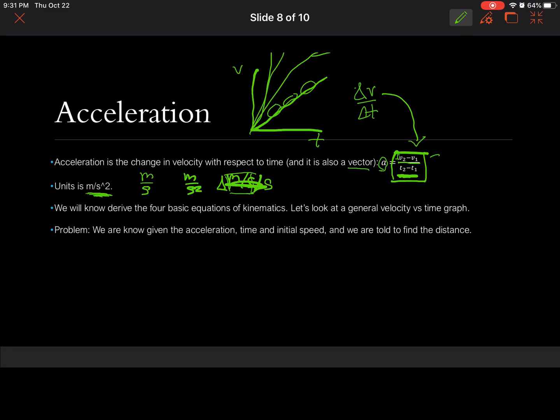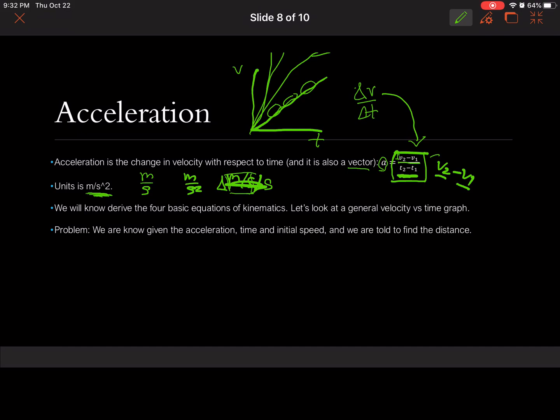If it's negative, that means the final speed v2 must be less than v1, which means you're slowing down. Now that we know the definition of acceleration, we can derive the basic equations of kinematics.